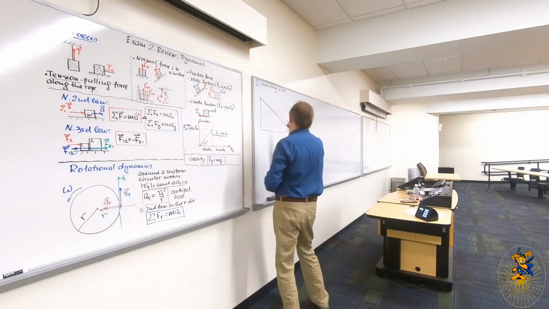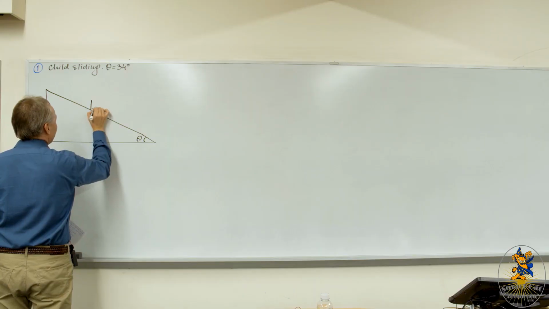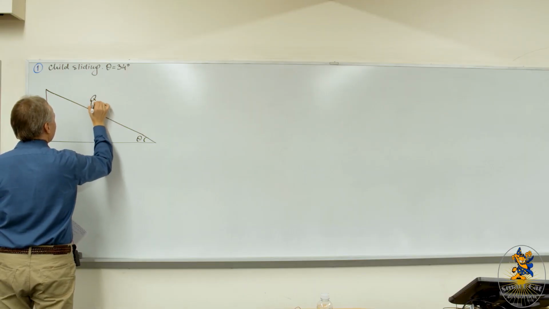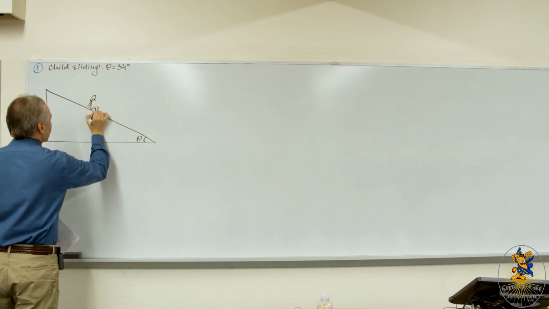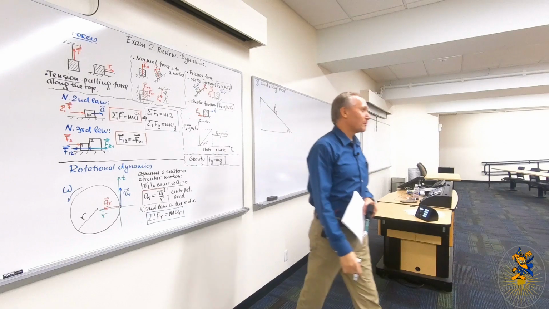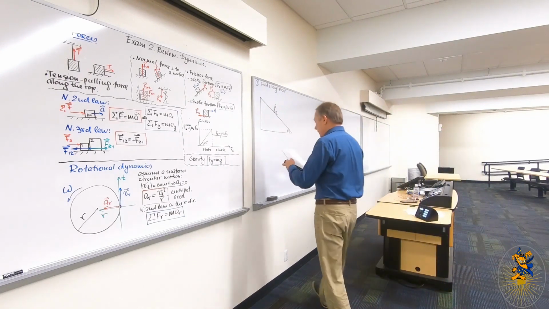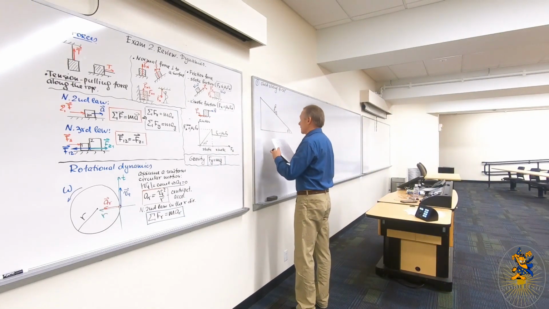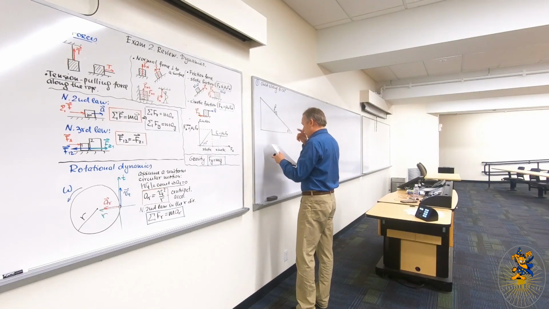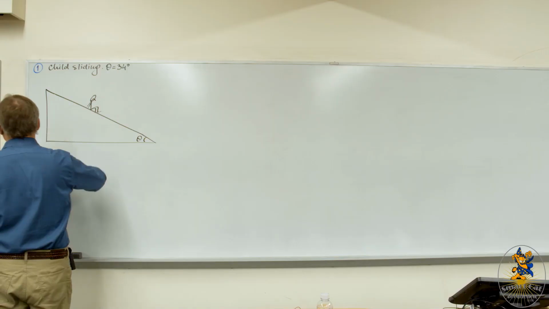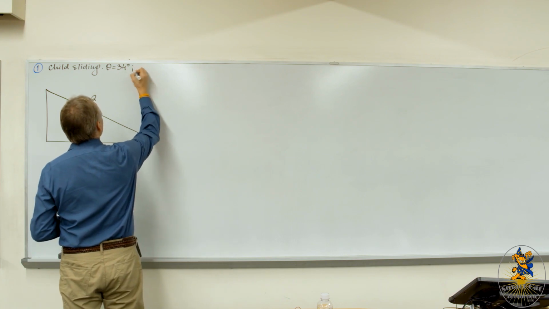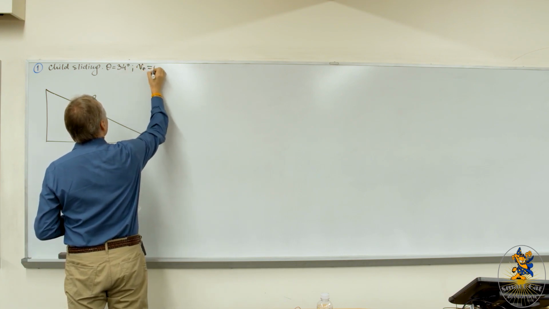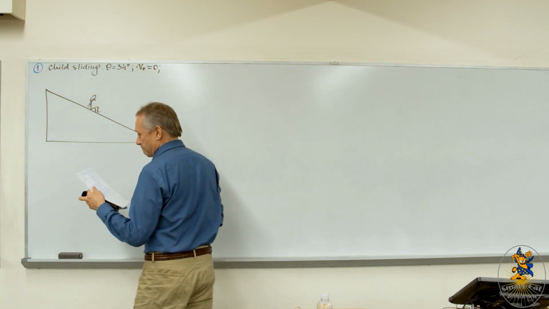So let me draw something. Okay, good. Two legs. And that is sliding down. It was released, so the initial velocity was 0. Sounds like the child was tortured, right?